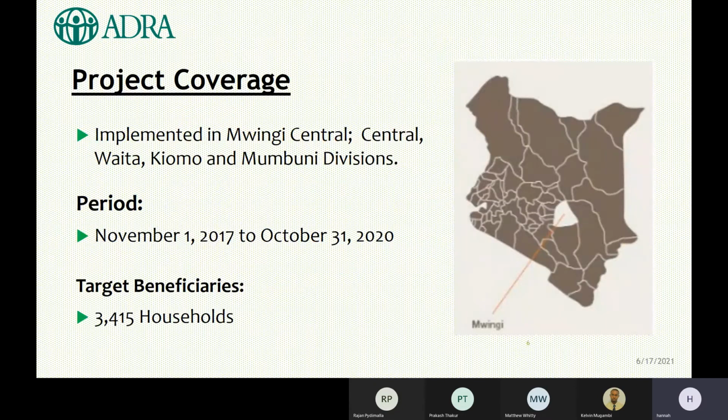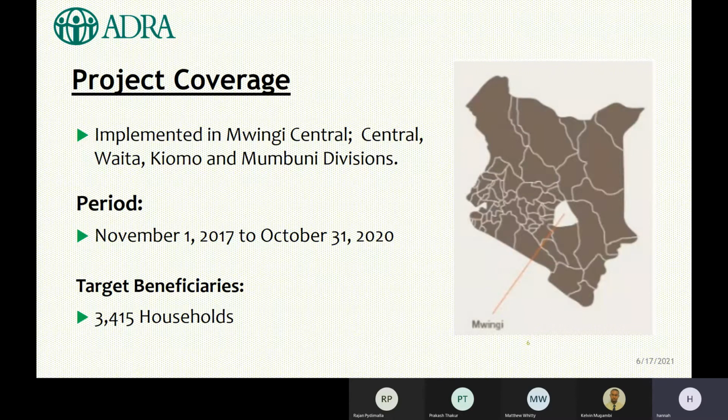The project coverage covered Mwingi. You can see it there on the map. It's in the eastern province and is one of the sub-counties of Kitui County in Kenya. This is a well-known area that normally experiences a lot of disasters: drought, sometimes flooding, diseases, and livestock issues because of the lack of enough fodder.